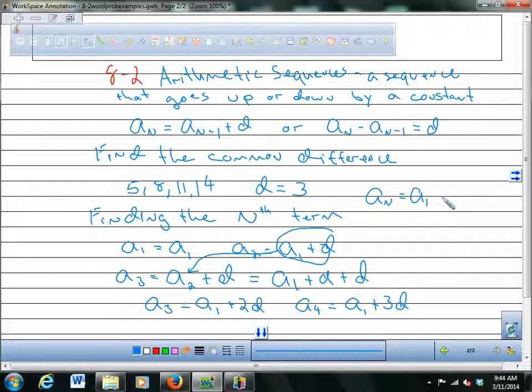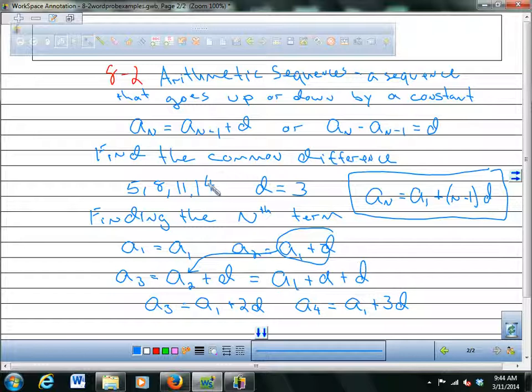So to find a sub anything, I take 1 less than whatever the term is, so n minus 1 times d. Do you kind of see that pattern there? So to find the nth term, all I have to do is take the first term, take 1 less than the term that I'm looking for, and multiply it by the common difference.